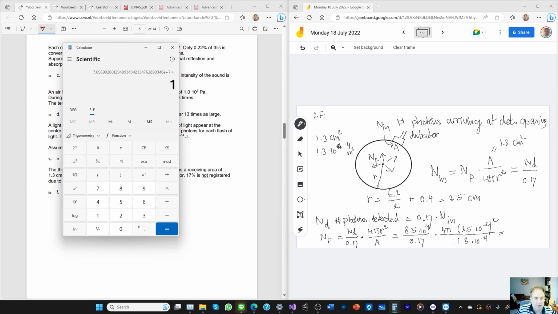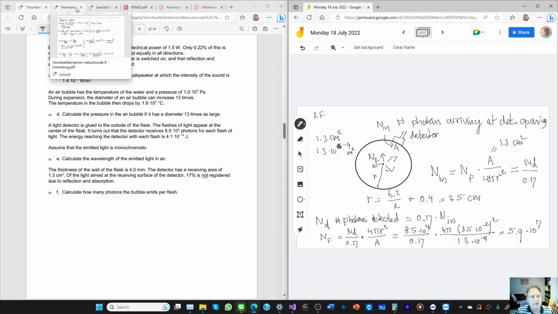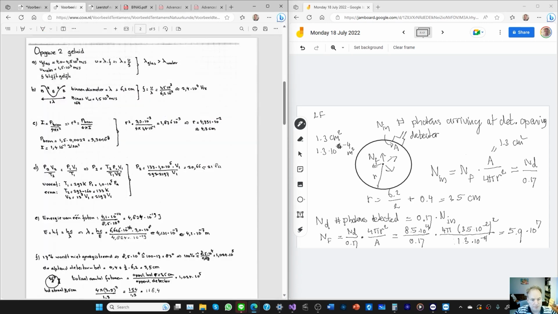That is how many? Keep 2 significant. 5.9 times 10 to the power 7 photons. So quite a lot more than you detected, as very much makes sense.